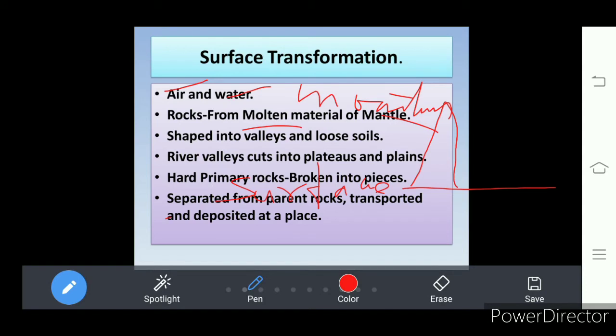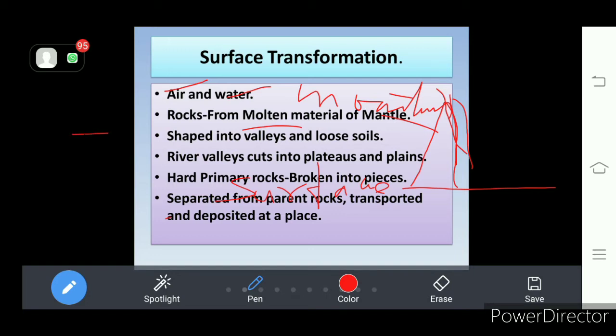So when water flows down from the top of the mountain, it works on the surface of the mountain and cuts it.